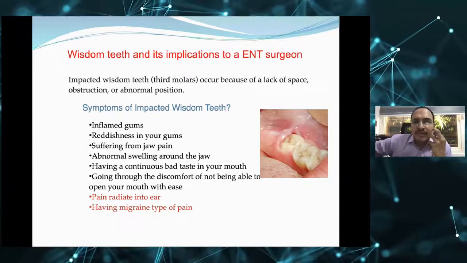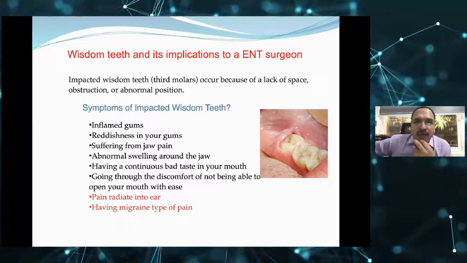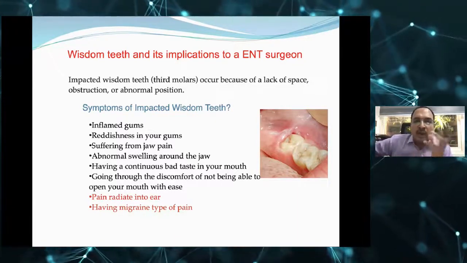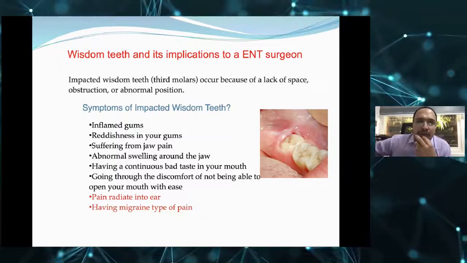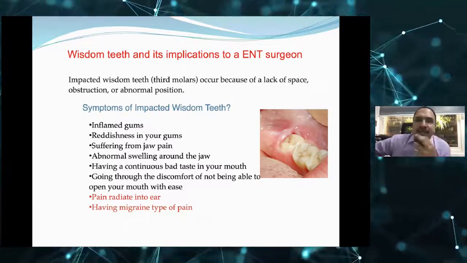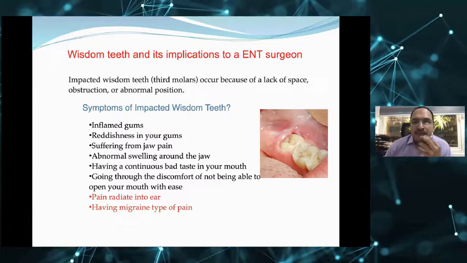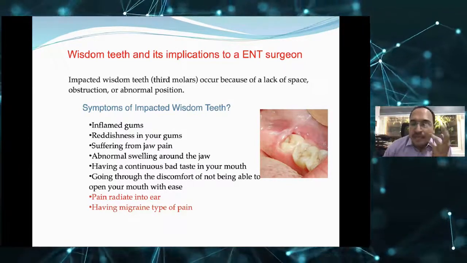Actually, when a wisdom tooth gets impacted, it impinges on the inferior alveolar nerve, which is a branch of the mandibular nerve, and the auriculotemporal nerve is also part of the mandibular nerve. So it always looks like an earache most of the time, or a migraine type of pain. But there is no ENT pathology there.